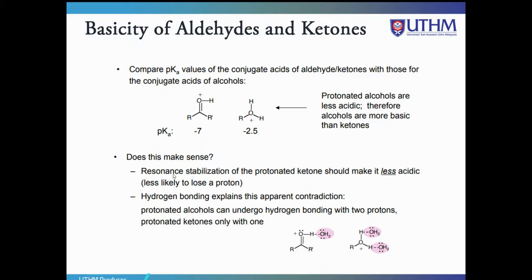Resonance stabilization of the protonated ketone should make it less acidic, less likely to lose a proton. Hydrogen bonding explains this apparent contradiction. Protonated alcohol can undergo hydrogen bonding with two molecules, protonated ketone only with one.